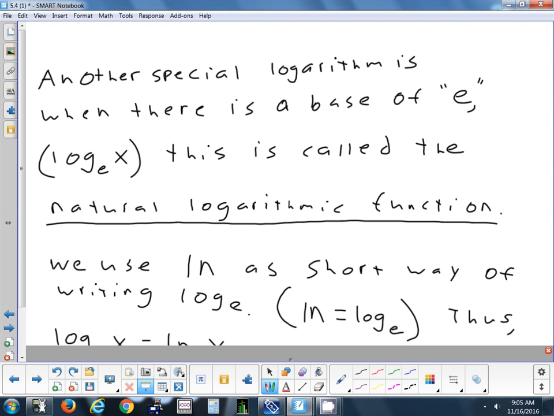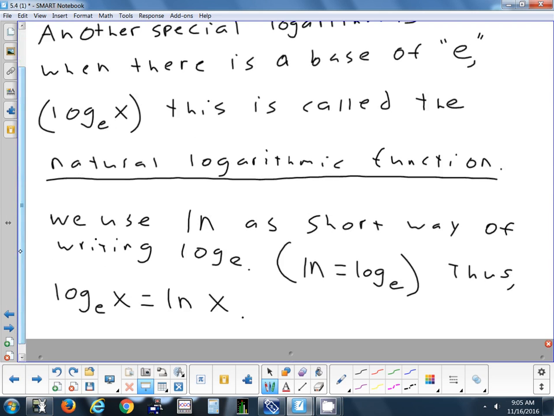You'll always see the abbreviation, ln. So if I asked you to find log base e of 18 versus finding the ln of 18, it's the same thing, no difference.